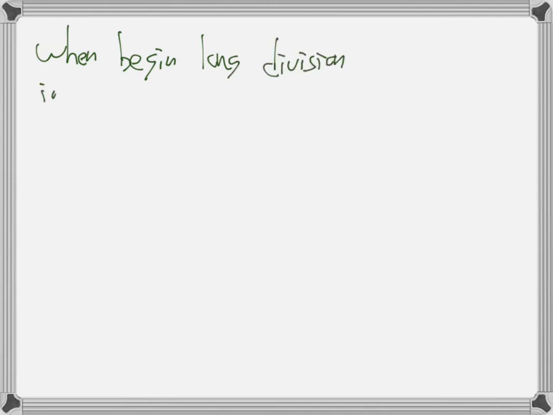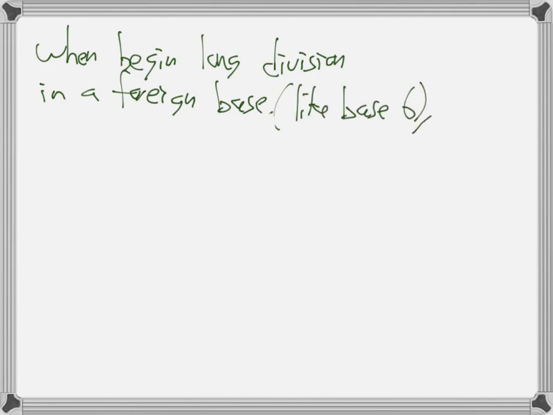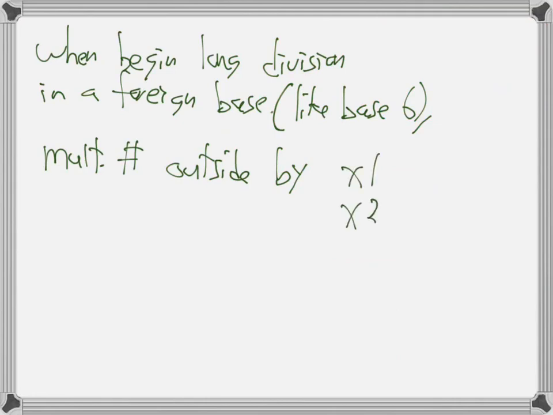Maybe I should write it over here. When you begin long division in a foreign base, like base 6, multiply the number outside, and that was the 4 in this case, by 1, 2, 3, 4, 5.